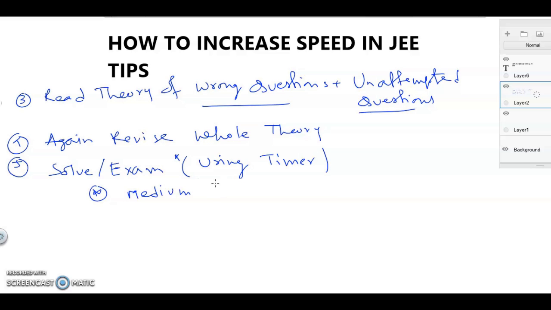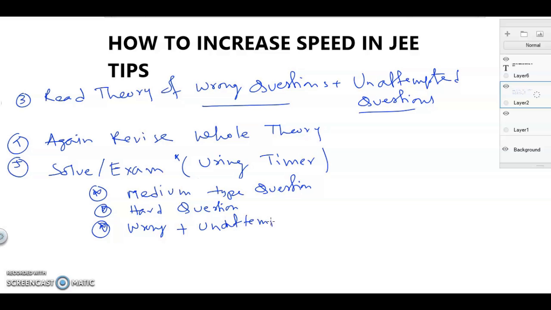When you solve it a second time, solve only the medium and hard questions you marked previously, plus the wrong and unattempted questions.